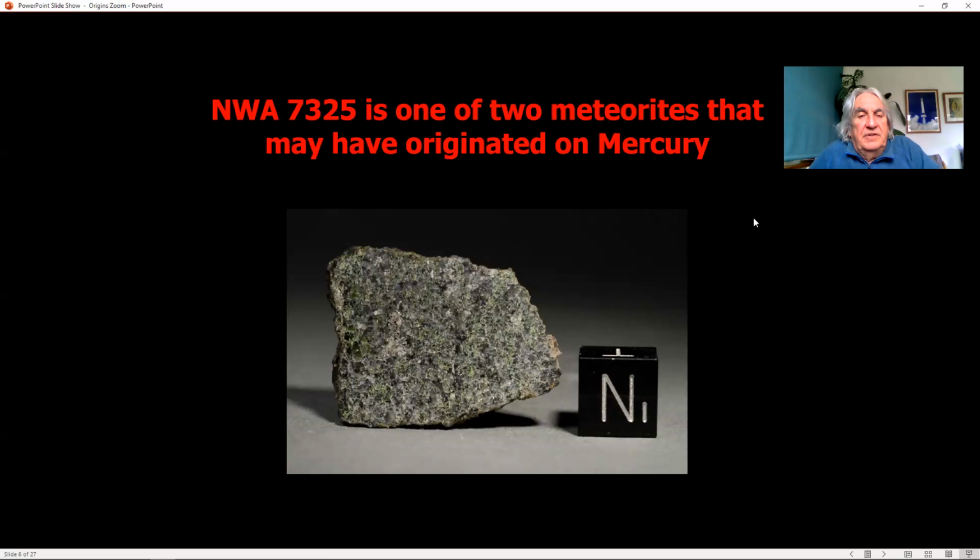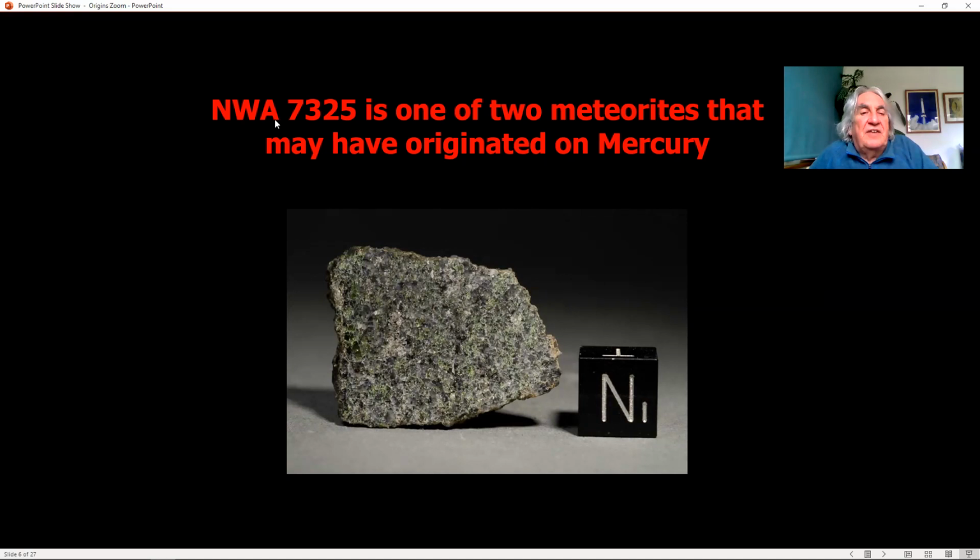A good friend of mine in Germany, a chap called Stefan Ralew, is a bit of a planetary specialist, and there's nothing he doesn't know about planetary meteorites. And he obtained in Morocco a few years back a stone. Meteorites are named after the place where they're discovered.